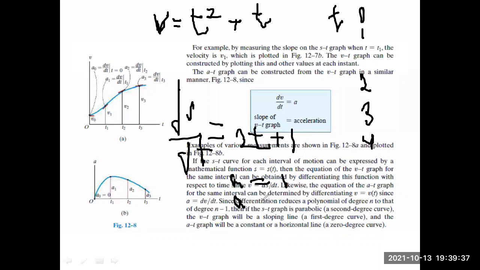Once t is equal to 1, the acceleration is equal to 3, and so on. You can keep on plugging in the time, and then you get the acceleration versus time. Once you get the full acceleration from 0 up to about 4 seconds, then you can plot this graph. Is it clear?